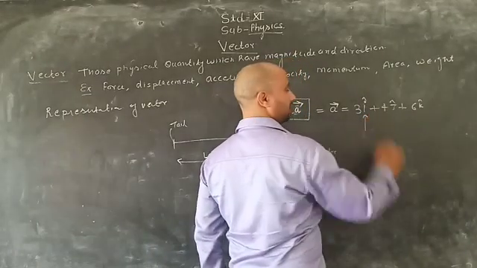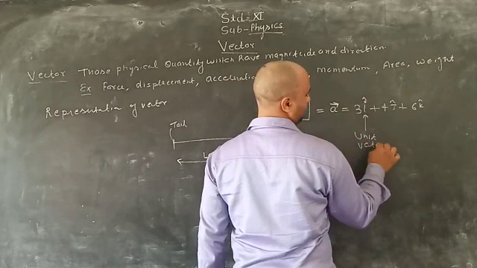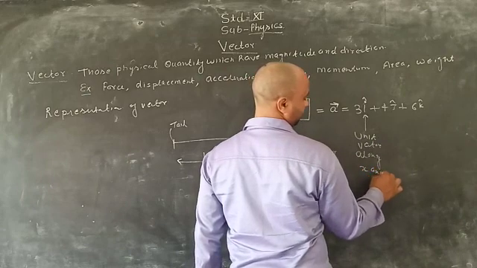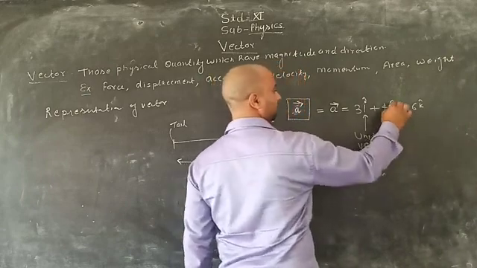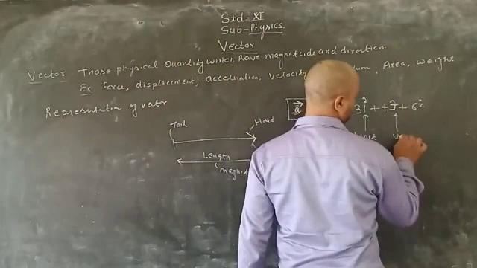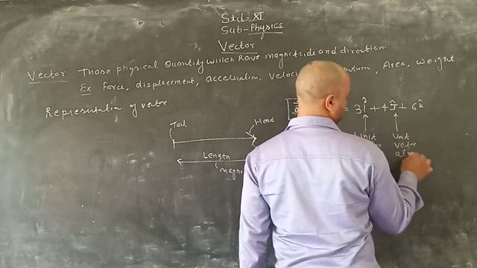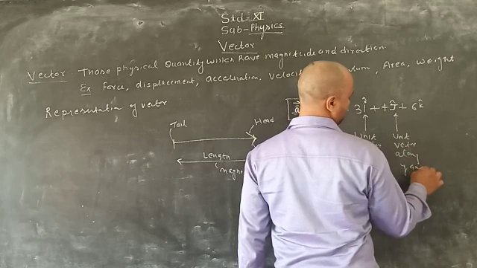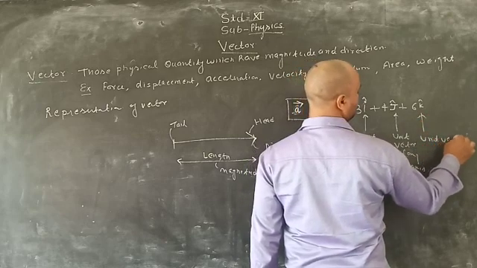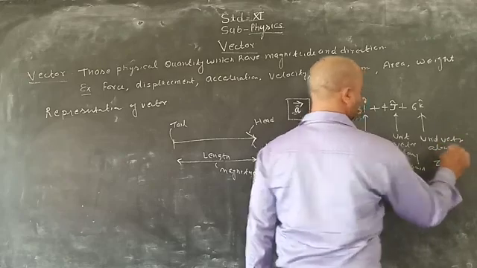i is the unit vector along the x-axis. And what is j? Unit vector along the y-axis. k is the unit vector along the z-axis.